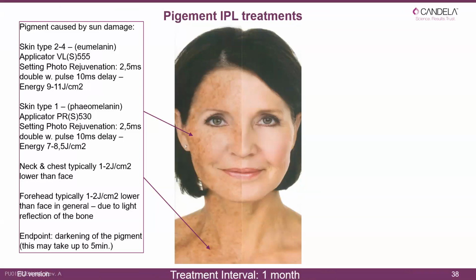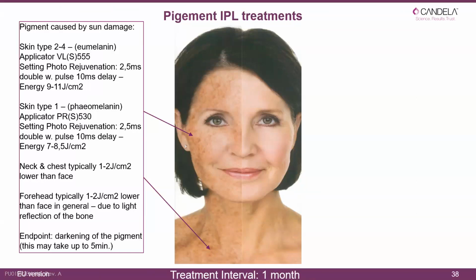But if we're treating the pheomelanin, we use the 530 handpiece, because this pigment is much paler in color, and we need that wavelength because it has a stronger absorption into the melanin. So it gives you the option of using two different handpieces depending on the darkness of the lesion that you're treating.